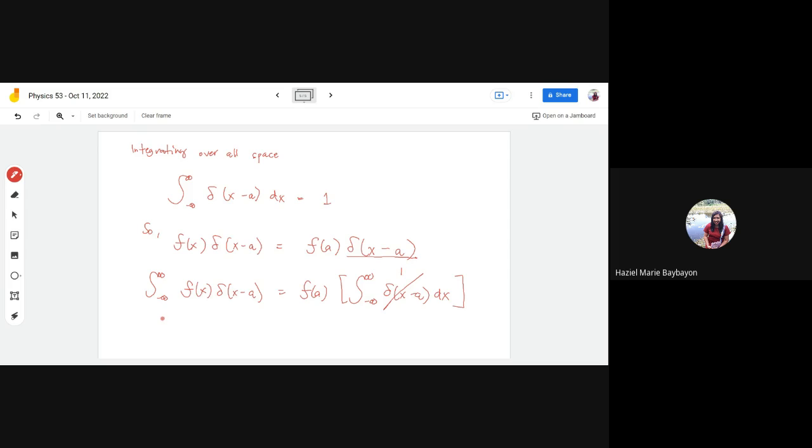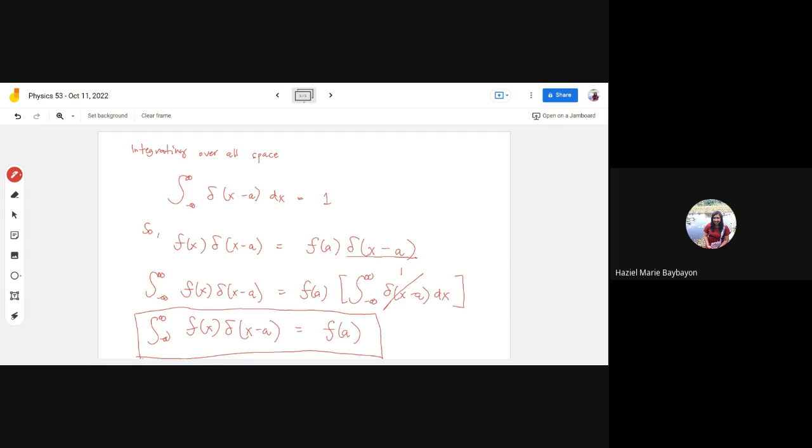Therefore, the integral of f of x multiplied by the Dirac delta function is just equal to f of a. So you just have to evaluate the function for x equals a. That is the meaning of this integral.